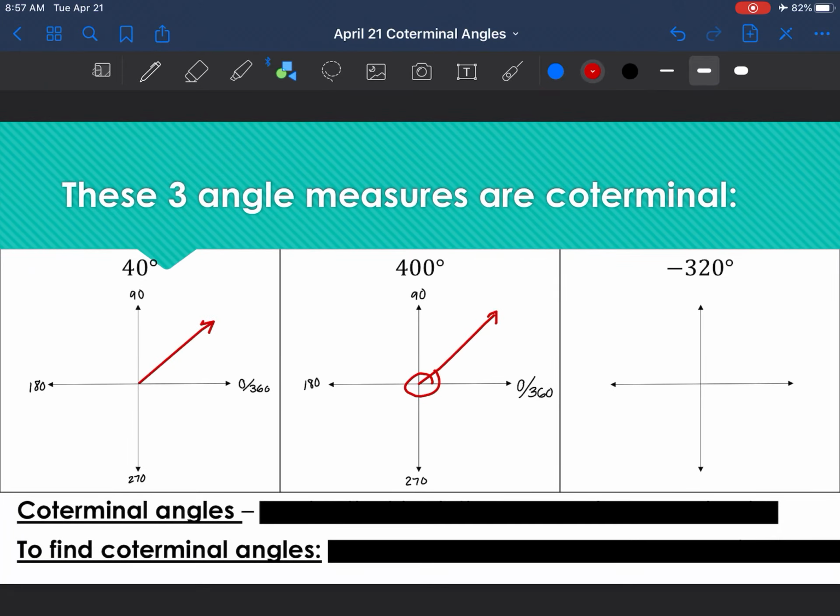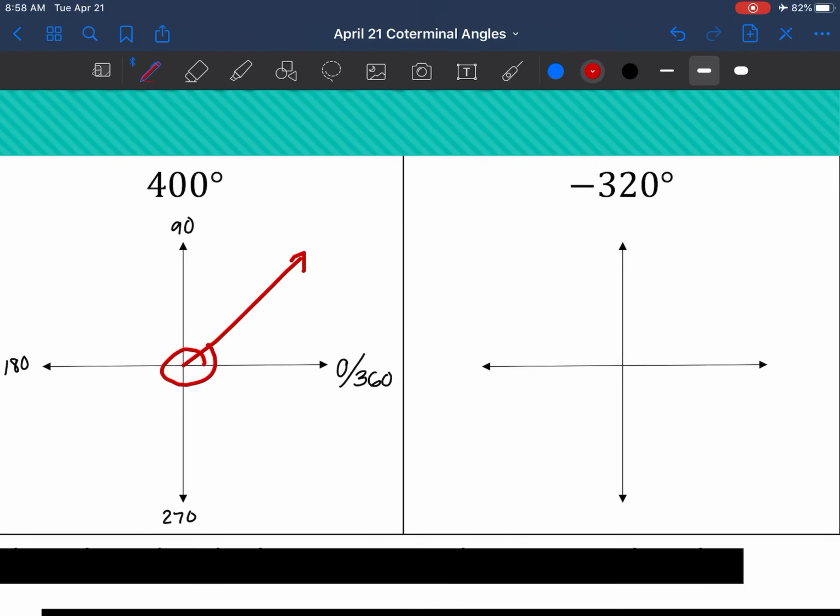A negative 320-degree angle, well, let me write in the negative degrees. So this is 0, negative 90 is down here because it's backwards, negative 180, negative 270, and then a full rotation would be negative 360. So if I draw a negative 320-degree angle, I would start on 0, and then you would make almost a full rotation, but not quite.